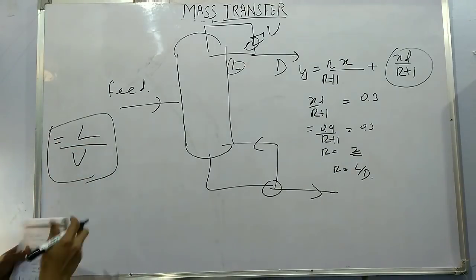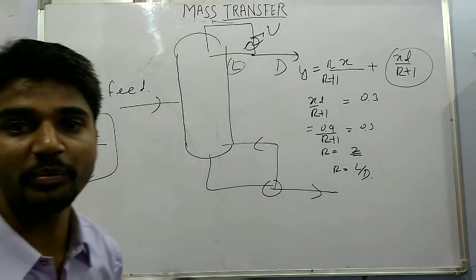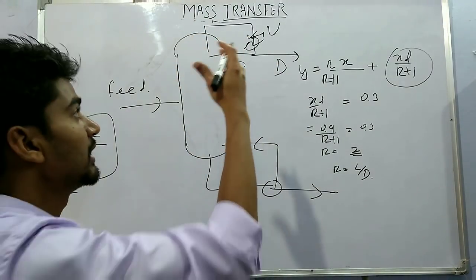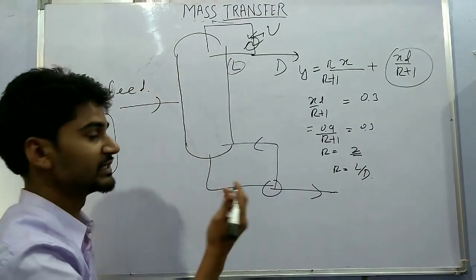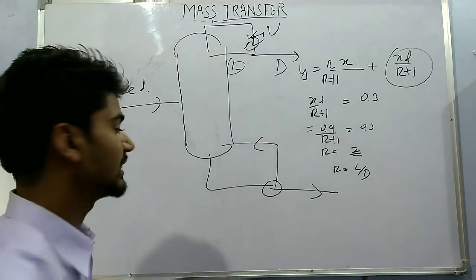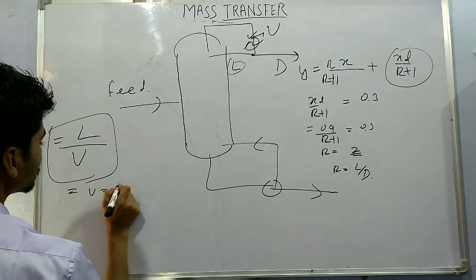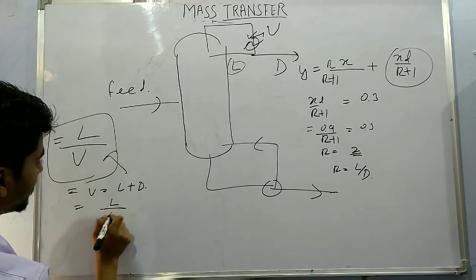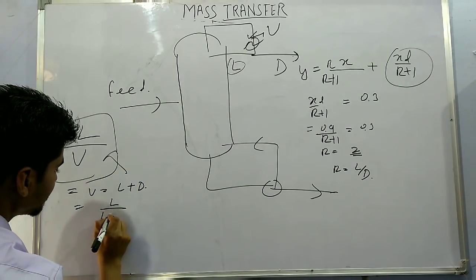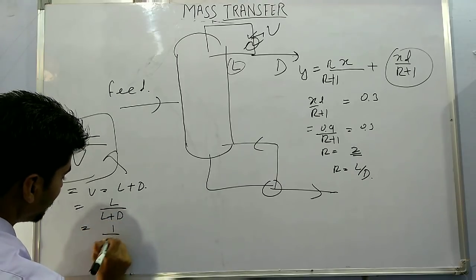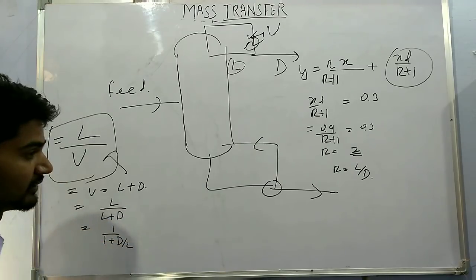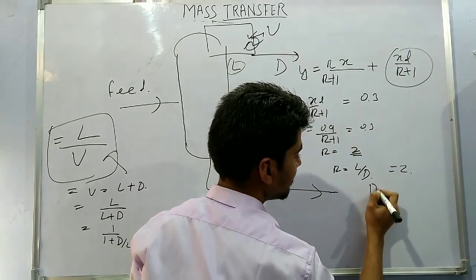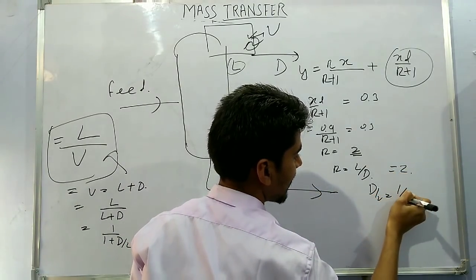Now L by V. What is V? V is the total vapor flow rate that is taken out from the top of the column, which is equal to L plus D from mass balance. We have V equals L plus D. Substituting in this, we have L upon V is L upon L plus D, which is 1 upon 1 plus D by L. So we have L by D as 2, so D by L will be half.